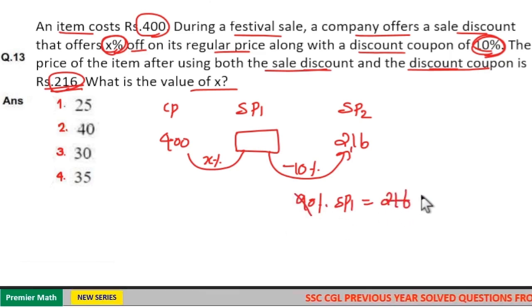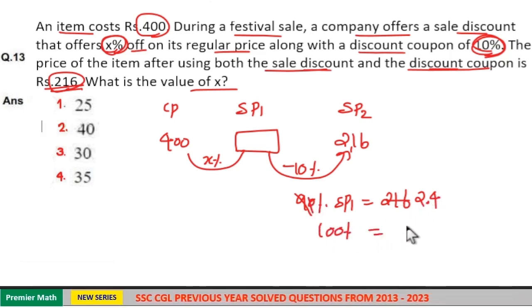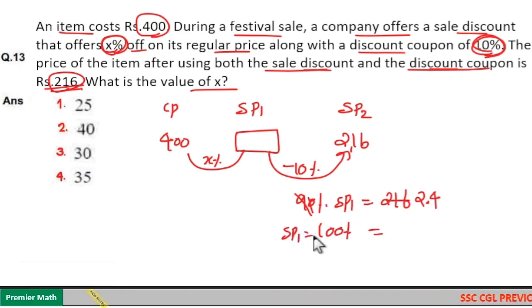Now 9 goes 2 times in 21, remaining 3, 9 goes 4 times in 36. So 10% is 24 means 1% is equal to 2.4. Then 100% is equal to SP1 is equal to 240. So here SP1 we got it as 240 rupees.